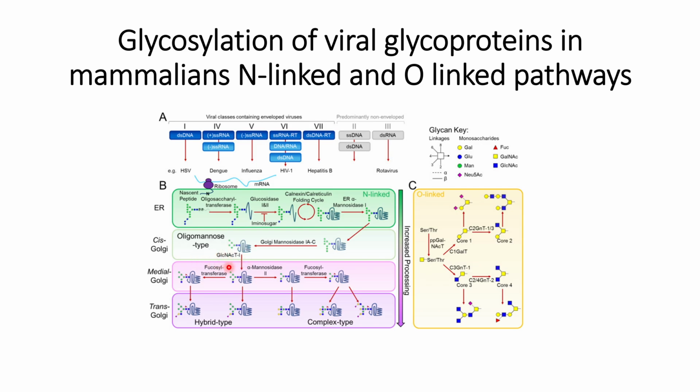After that, GlcNAc transferase 1 will transfer it to the medial Golgi, where, after the removal of other mannose with the help of not just Golgi mannosidase 1 but also other mannosidases, these structures will be exposed to fucosyl transferase and alpha mannosidase 2, so that they form different combinations of carbohydrate structures, as shown here.